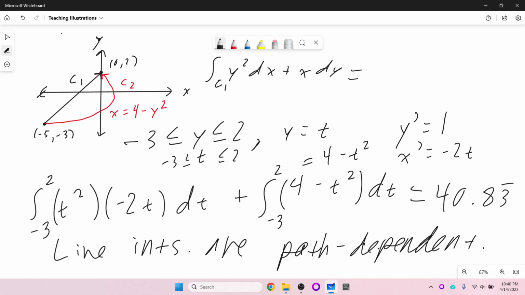What we're saying from here is, here's an example where the path you take matters. Two different paths give two different results. Now, if we knew that they were independent, we could just use the easiest path, but we don't. So we have to be careful.